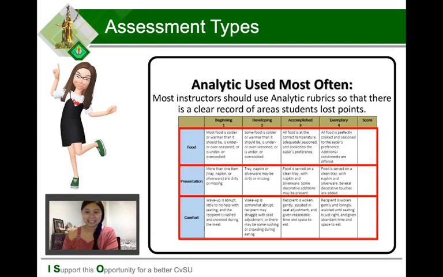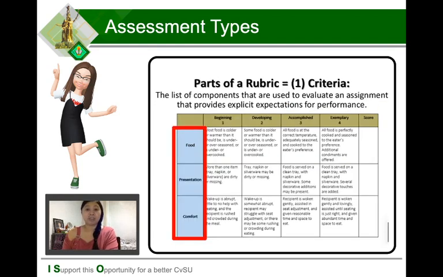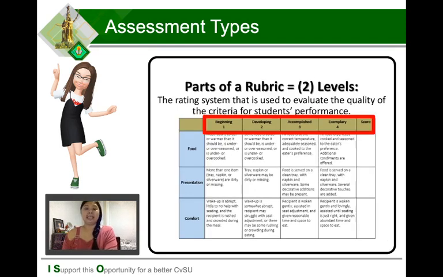Okay. So the first part is the criteria. To make sure that your criteria is clear to the students. The second is the levels. For me, I think it is best if you do the even numbers. 1, 2, 3, 4. 1, 2, 3, 4, 5, 6.